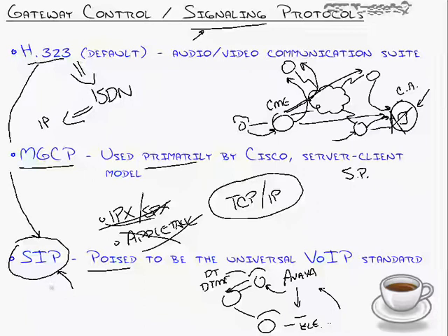So I always call SIP the half-baked cookie, because when it's going to be fully baked, oh, it's going to be good. It's going to be that chocolate chip, edges are brown, soft center, you just bite into it, it's like awesome. It's an awesome cookie because everybody will be using it, and you'll have true vendor independent voice over IP communication. But right now we're kind of raw in the middle. We've got the edges, they're starting to brown with SIP.